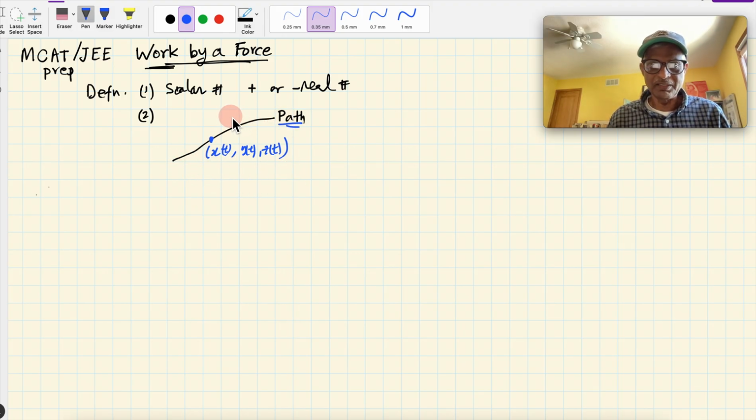Maybe over here it is x plus dx, y plus dy, z plus dz. So between here to here, you can say there is a displacement vector. This is called the displacement vector.